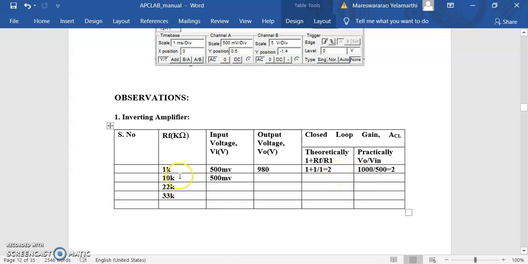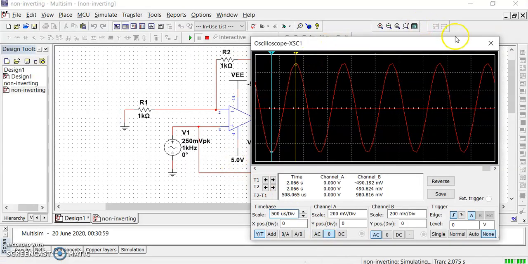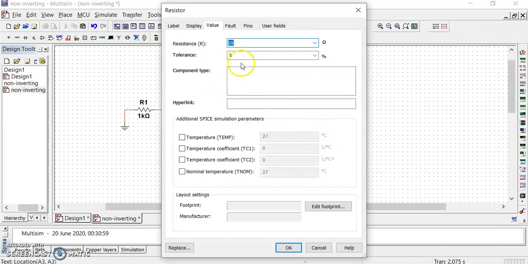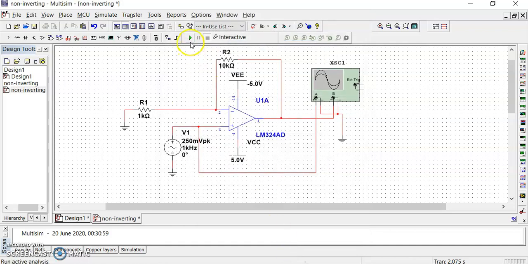Now change the input resistance value to 10 kilo ohm. By stopping the simulation, I am changing the resistance value to 10 kilo ohm. Now run the simulation.